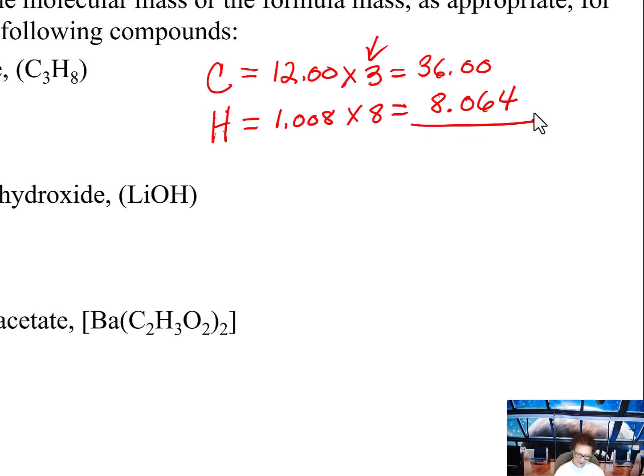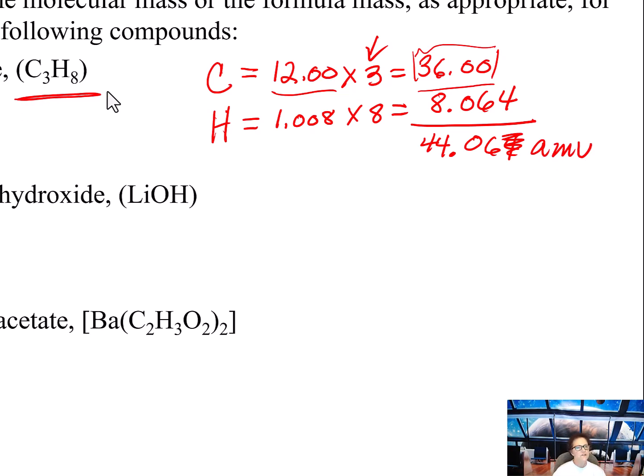Then we add those together, and that gives us 44.064. I can only have 4 significant figures, not 5, so I'm going to drop that last digit, and I'm not going to round since it's a 4, not a 5. So 44.06 AMUs is the molecular mass of propane.